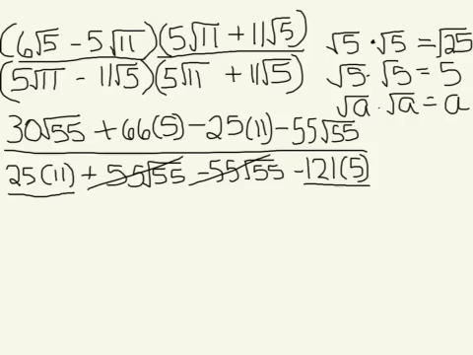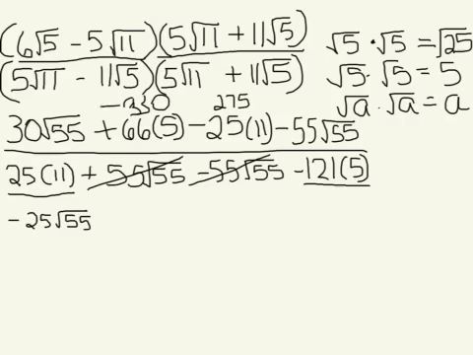So the last part of this problem is simplifying. We can combine like terms in the top of the fraction. So we have 30 root 55 minus 55 root 55. Putting those together, I get negative 25 root 55. And then the middle part, 66 times 5 is actually 330. Oops. And then 25 times 11 is actually 275.